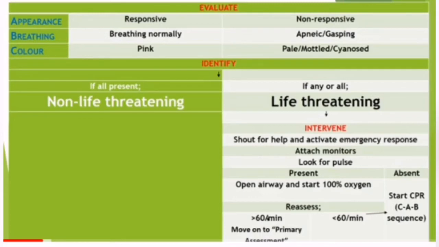We usually have these 4 scenarios for shock. And any one of them can be compensated or hypotensive shock according to blood pressure.